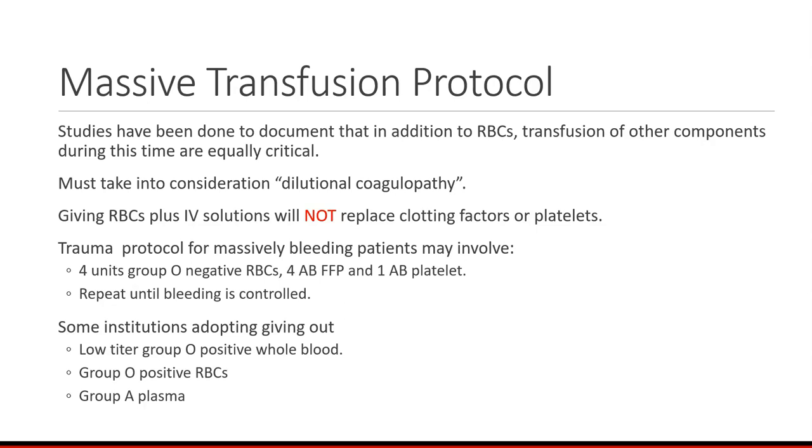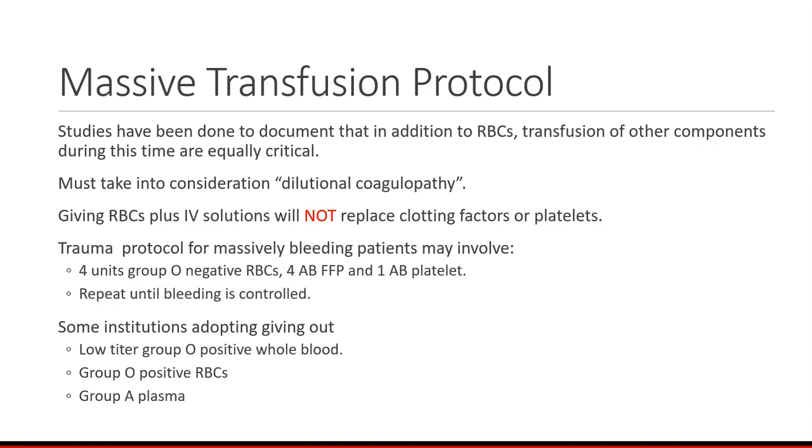Some institutions are even going to a place that I'm not real comfortable with yet, and they will give out low titer group O positive whole blood, group O positive red cells, and group A plasma. And you say, oh my gosh, what? Because the O cells are compatible, but the O plasma's not.